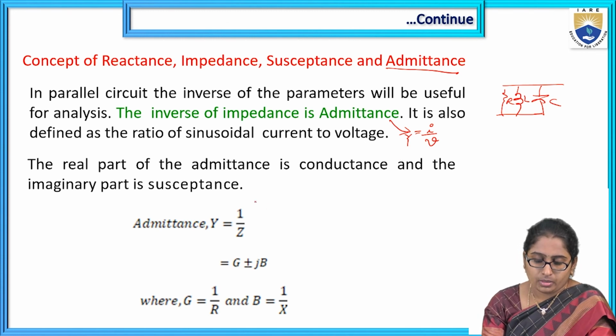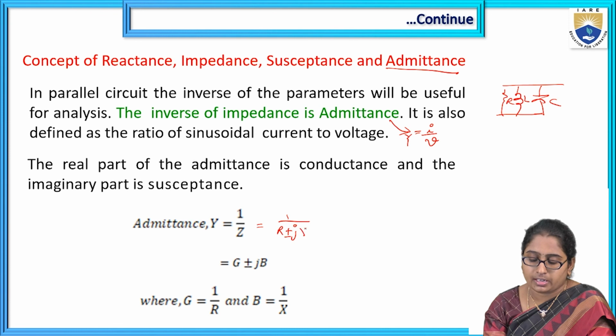See here, admittance is denoted with the letter Y, given by 1 by Z. And 1 by Z means 1 by R plus or minus jX, right? That may be XL or XC. If it is XL, plus jX; if it is XC, minus jX.